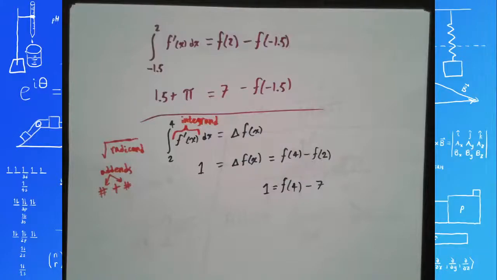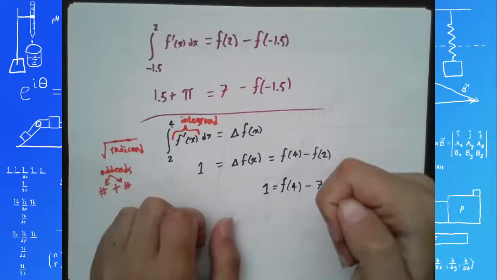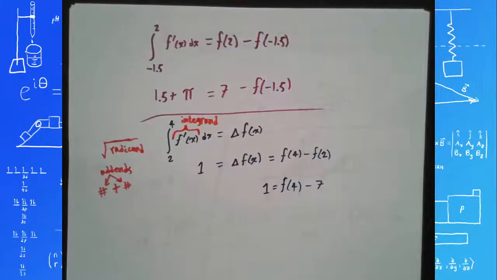Because when I say stuff inside the integral, does that include the dx or does it not? Some people might misinterpret that. So yeah, it helps with efficiency and accuracy. Okay, where do we go from here?